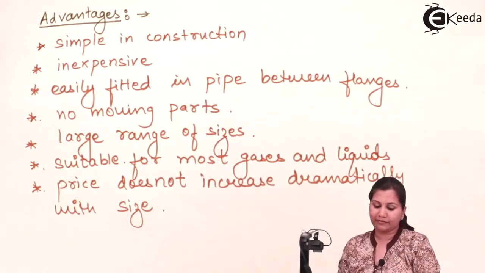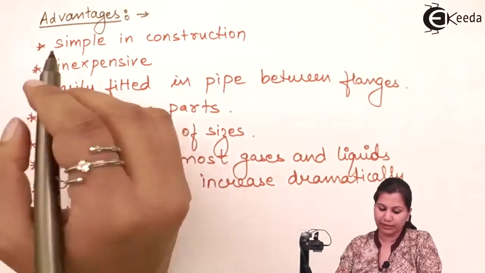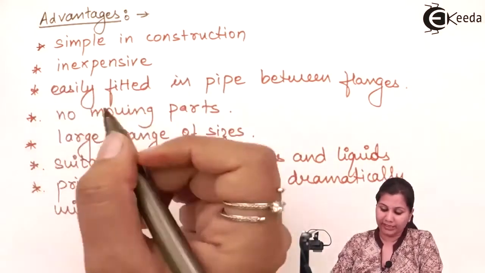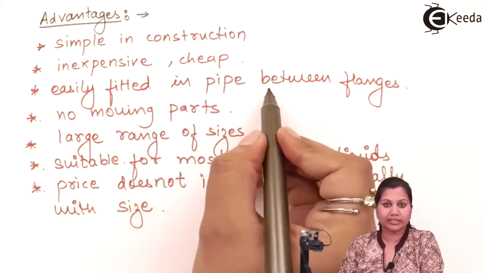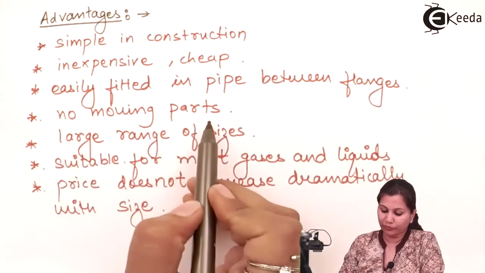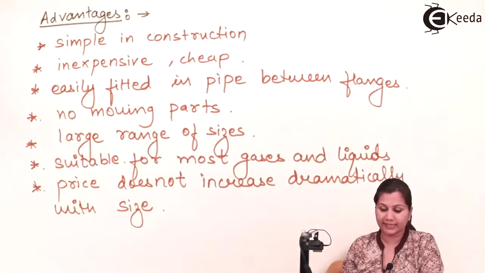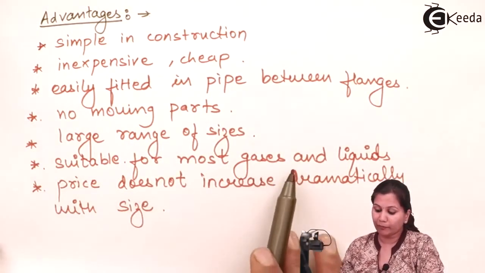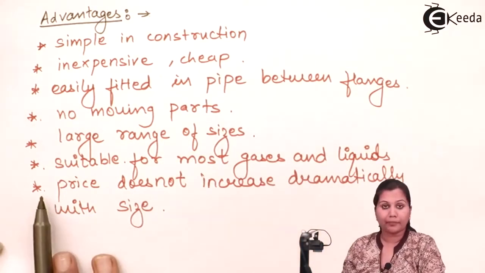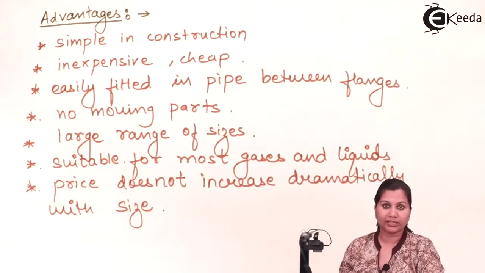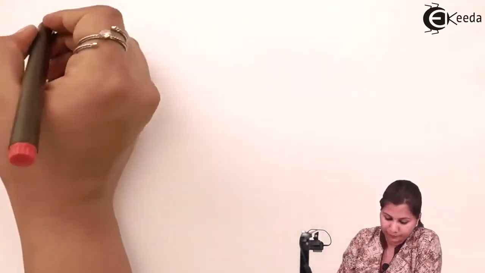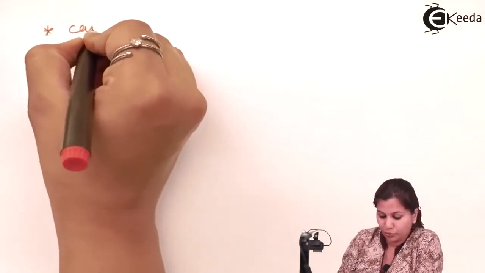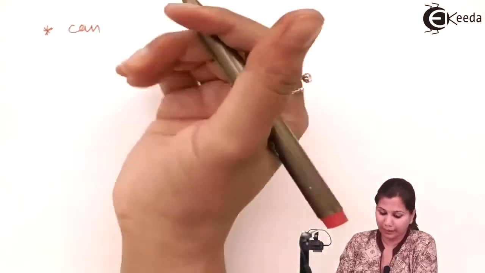So orifice plates are very simple in their construction, inexpensive, or we can say cheap, easily fitted in the pipe between the flanges, no moving parts are there, large range of sizes is available, they are suitable for most gases and liquids, their price does not increase dramatically with the size. As the size increases, there is no hike in the price of the orifice plates. Also, they can be used to measure the flow rates in large pipes.